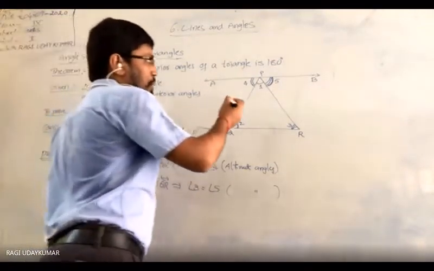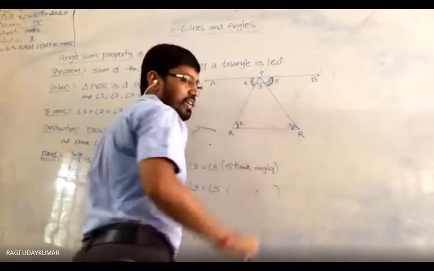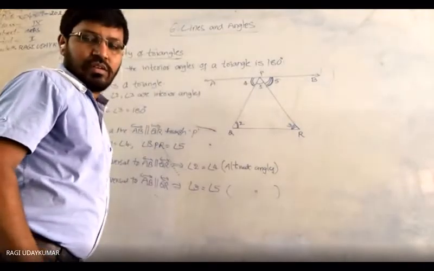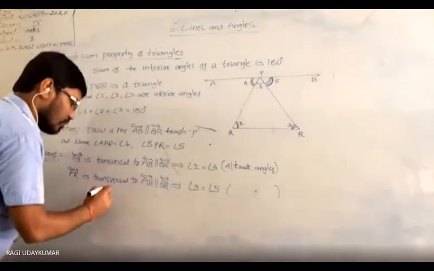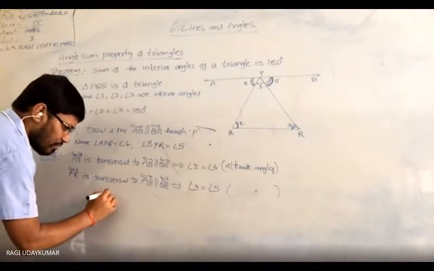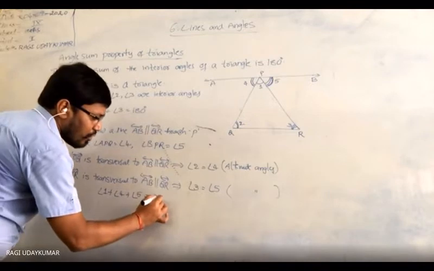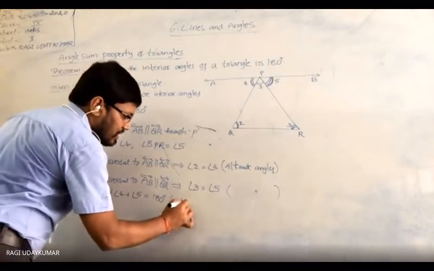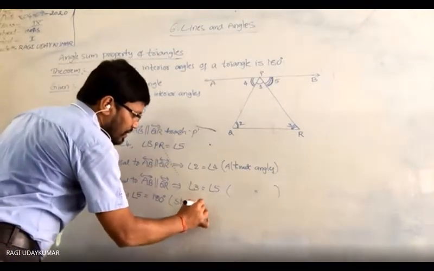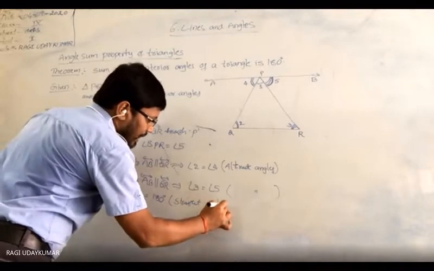And if you observe properly here, angle 1 plus angle 4 plus angle 5 is equal to 180 degrees, because they form a straight angle.